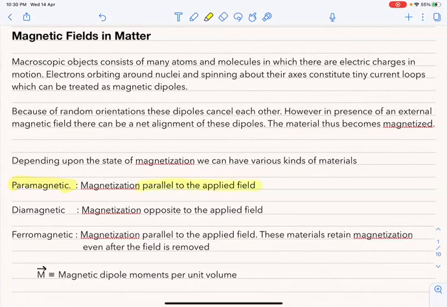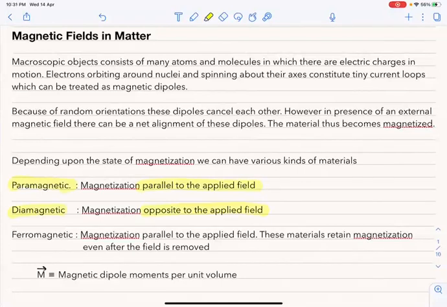What do I mean by parallel? As I told you, these dipoles associated with the electrons' motion tend to orient parallel to the applied field. Those materials are known as paramagnetic. Then there are diamagnetic materials, where the magnetization is opposite to the applied field.